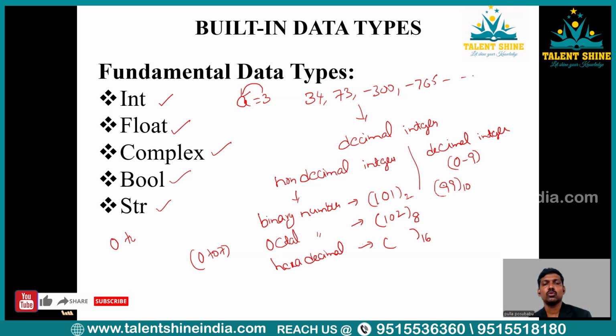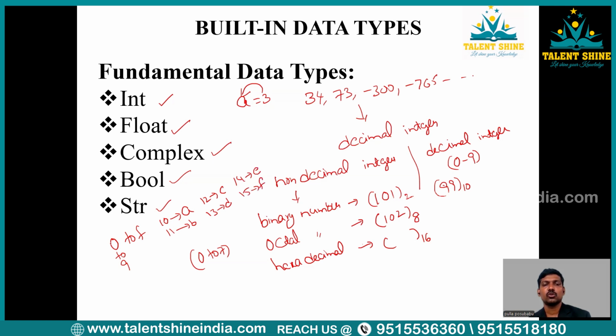From 0 to F. After completion of 0 to 9, the 10th digit will be A, 11 is B, 12 is C, 13 is D, 14 is E, 15 is F. So in total we have 16, hence our base is 16 over here.